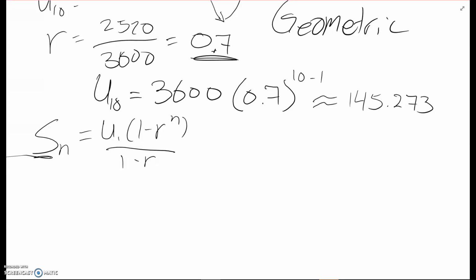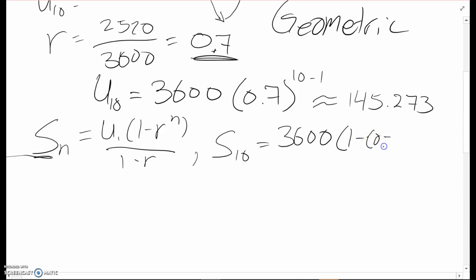I know the ratio. I know n because it's S of 10. So I start filling values in. S of 10 equals u sub 1, which is 3,600, times 1 minus 0.7 to the power of 10, all over 1 minus 0.7.